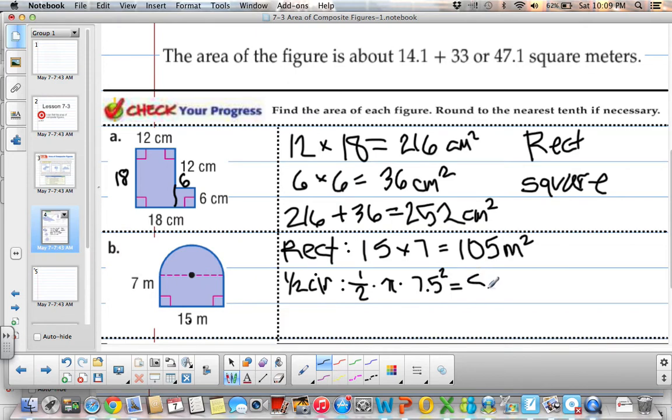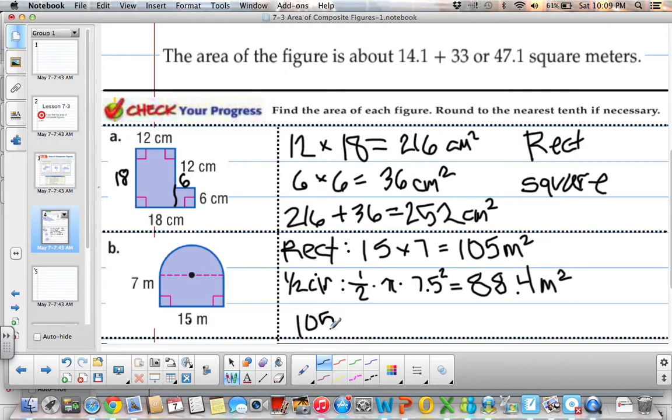So I'm going to round it. Well, let's round it to our nearest tenth. 88.4. And then we'll label it as meters squared. Okay, and then our last step, remember, is to add them together.